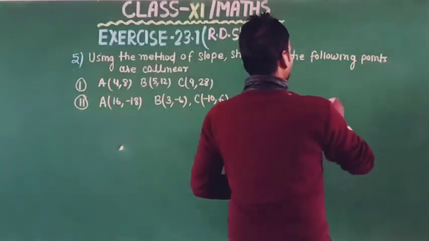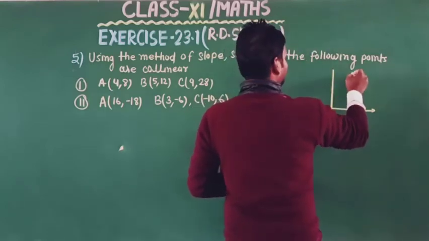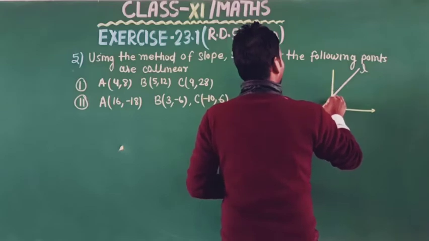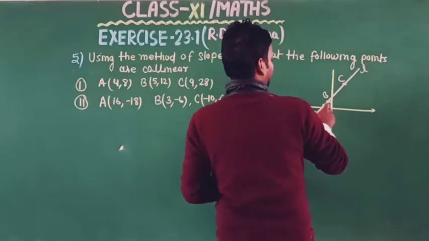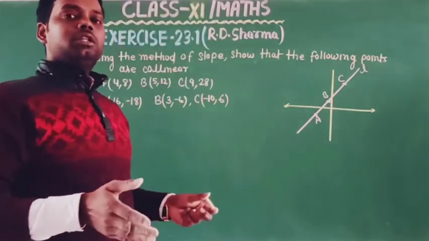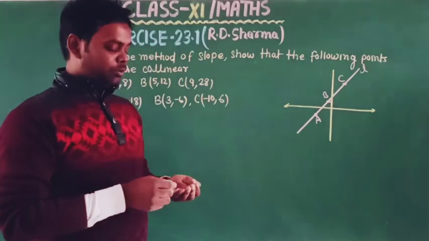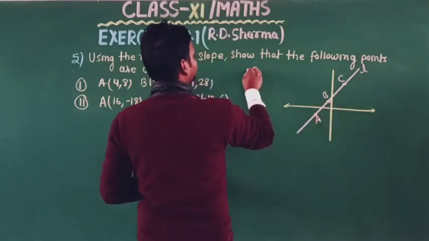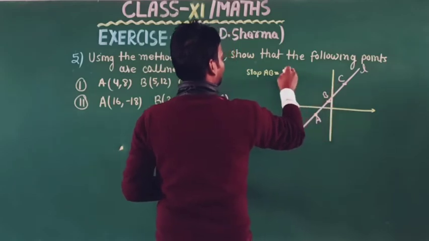Suppose a line L contains 3 points A, B and C. To show these 3 points are collinear by the method of slope, we have to show that the slope of AB is equal to the slope of BC.